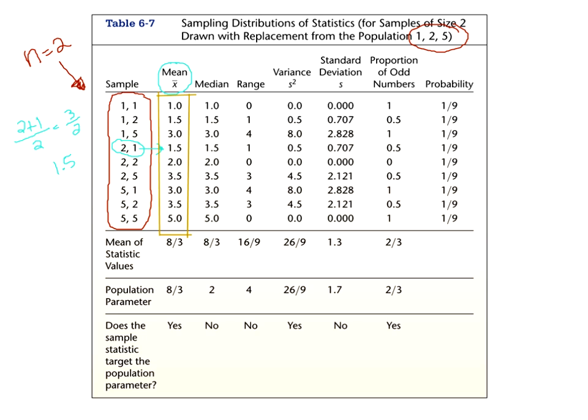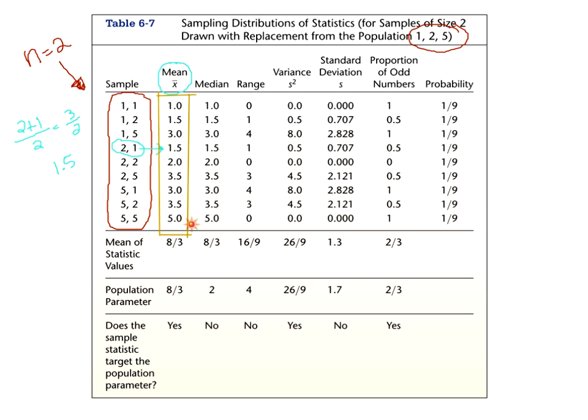So how do I find the average of all those means? I am going to take 1, which was the mean for the first sample, 1.5, which was the mean for the second sample, 3, which was the mean for the third sample. I'm going to take all of these means, add them together, and divide by how many of them I see. So that's 1 plus 1.5 plus 3 plus 1.5 plus 2 plus 3.5 plus 3 plus 3.5 plus 5.